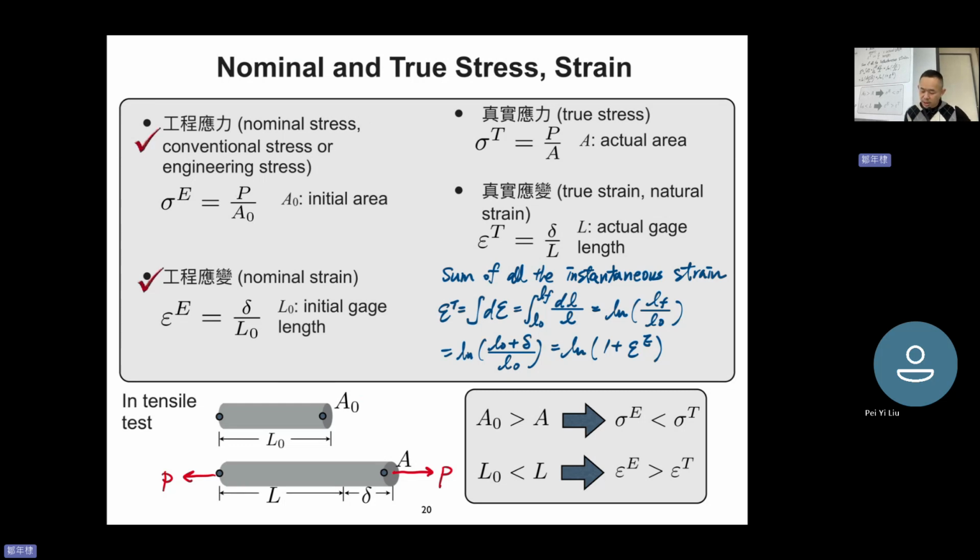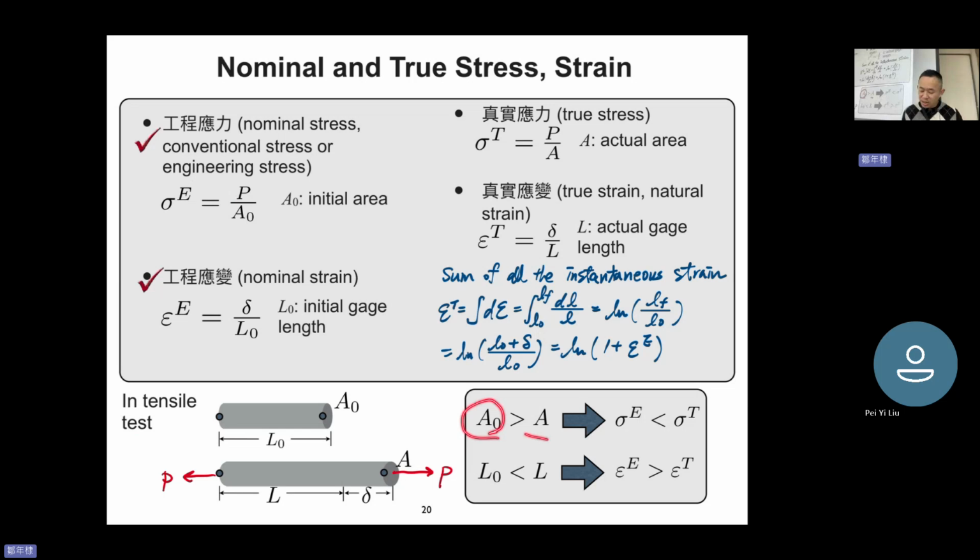Okay, you see A0, epsilon engineering and true strain. Sorry, engineering stress and true stress. Which one is bigger? You can see that in the tensile test, when you elongate the bar, the area may shrink, become smaller, right?